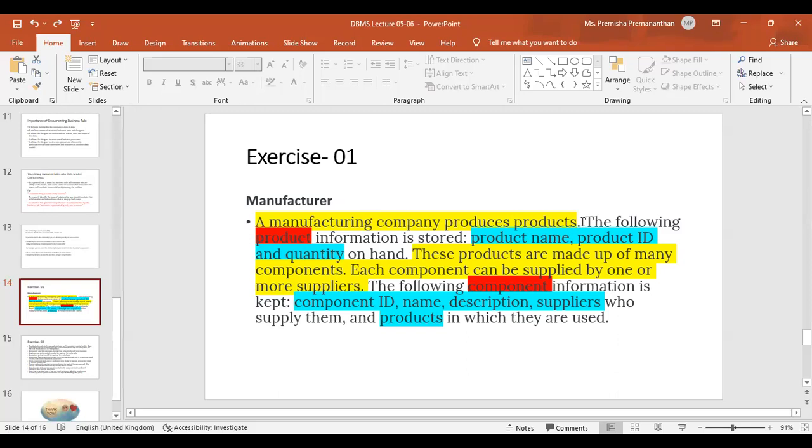Second thing, for each business rule you have to come up with the entities, relationship, and so on. You can get a Word document, right? One of you can put it in a Word document and you have to submit it to me after the end of the session, right?